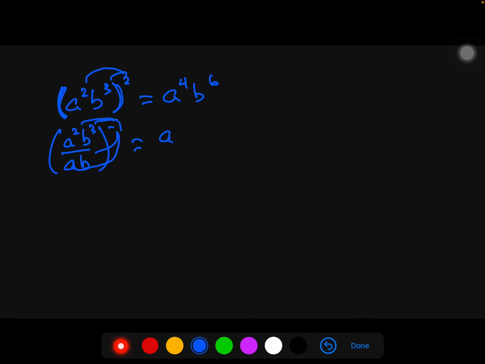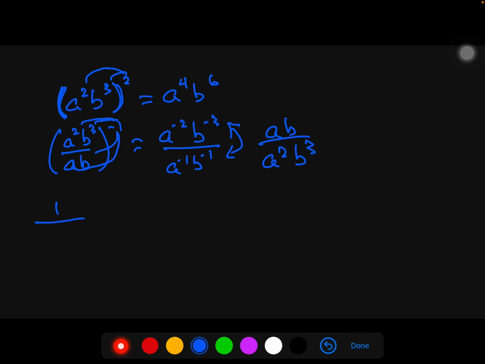So a to the 2 times -1 is a to the -2, and b cubed times -1 is b to the -3. And then on the bottom, we're just going to have a to the -1, b to the -1. Now we got to flip this thing upside down because we got all negatives on the top and bottom. We get ab on top, and we get a squared, b cubed on the bottom.